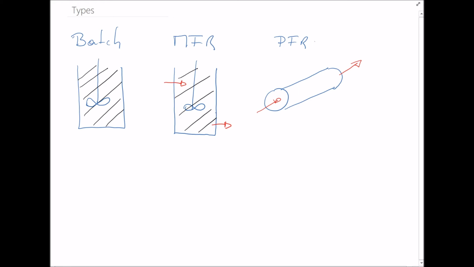In the PFR, however, we only assume perfect mixing in one differential element. So in like one tiny piece, looking at it from the side, with length dx, and a different concentration profile along the reactor.